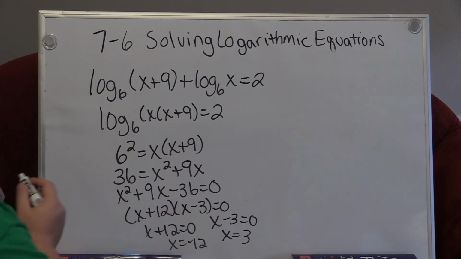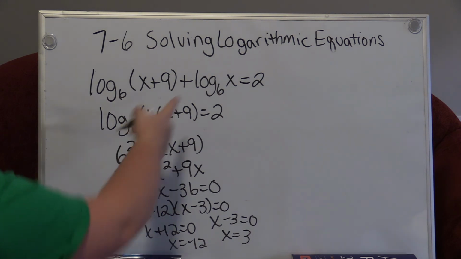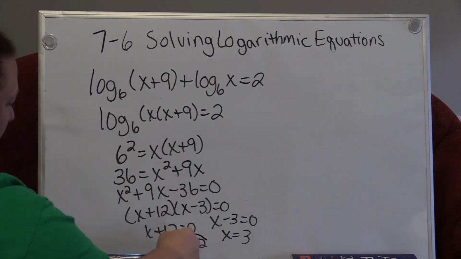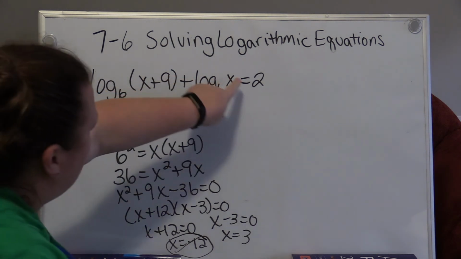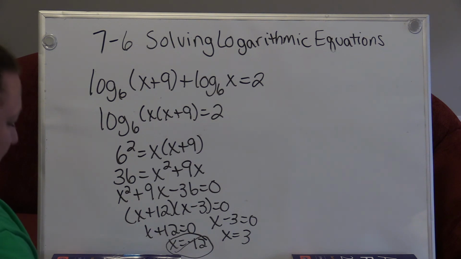So x equals 3. You can't find the log of negative 12. So that's extraneous. So my answer is 3. Let's check 3. 12 times 3 is 36, and 6 squared is 36, so it works.